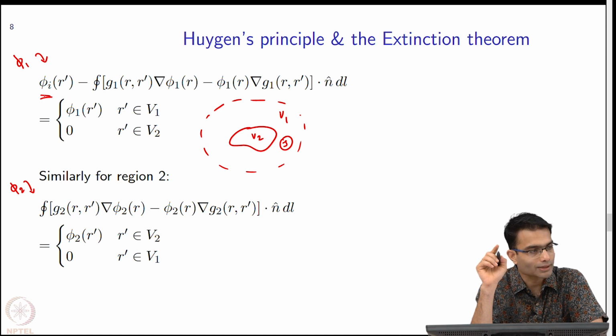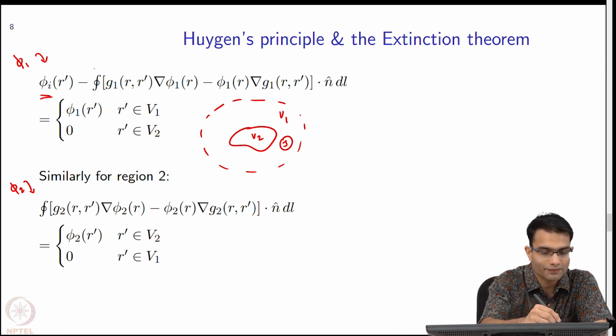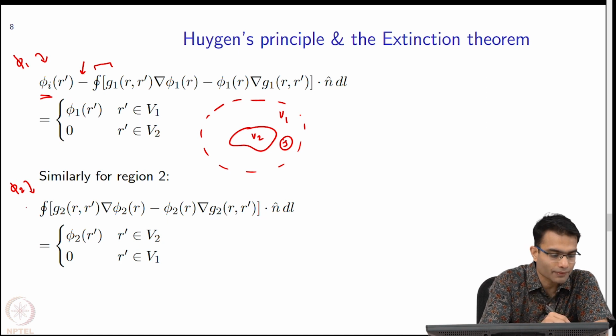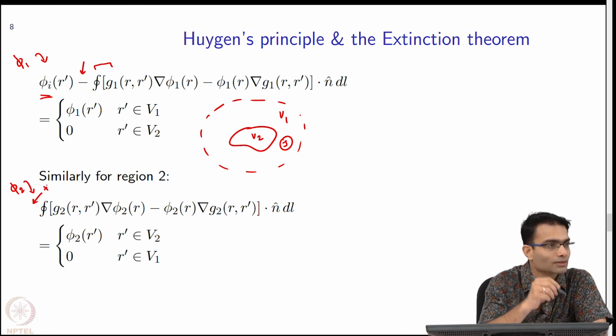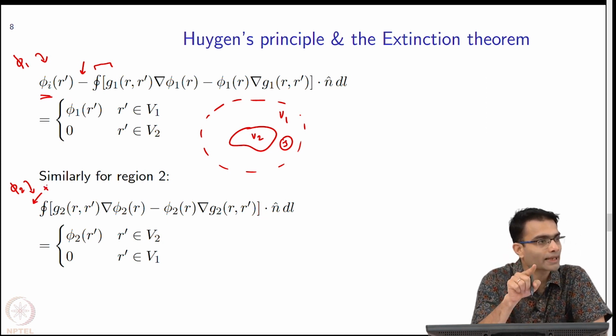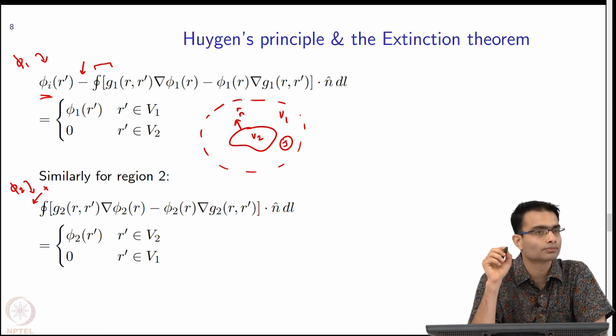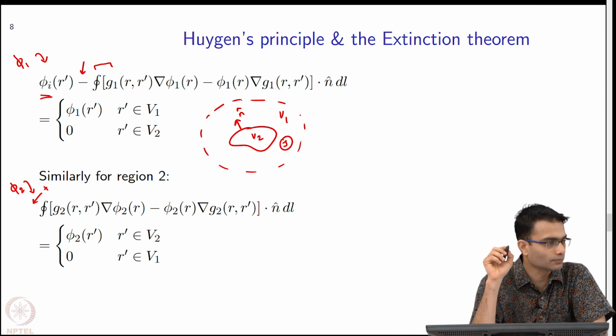Another important thing to note, this scattered field term over here had a minus sign because the normal was inward. In the second term over here, what is the sign? Plus. Why? Because I am using the same n hat, and for volume V2, this is an outward normal. So, everything is consistent.